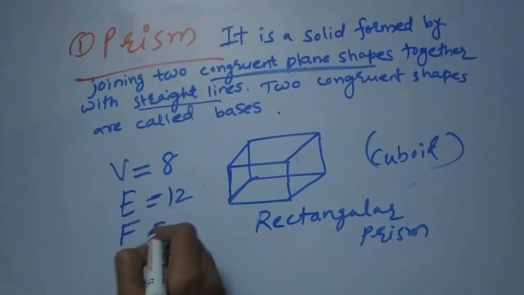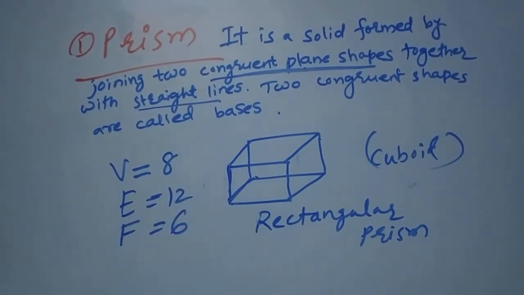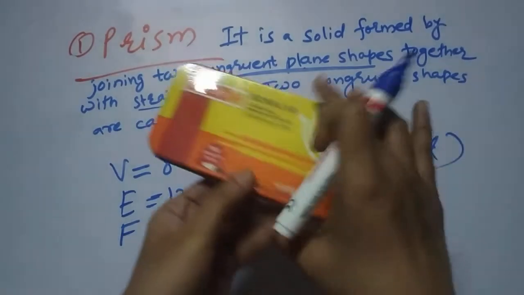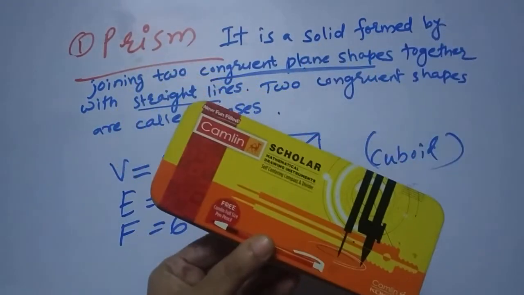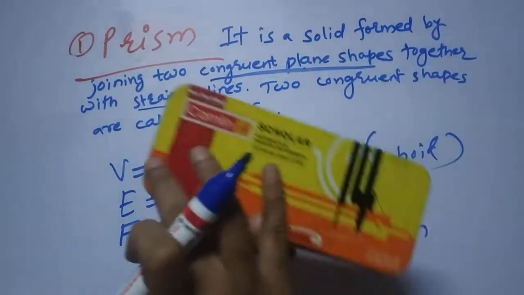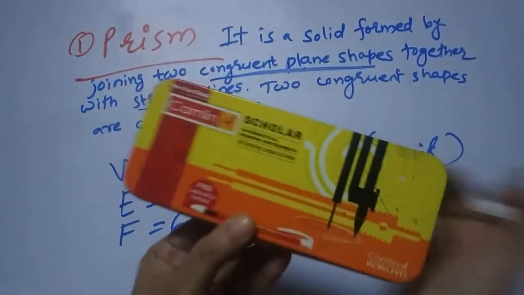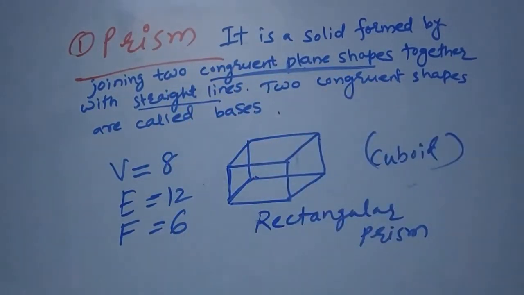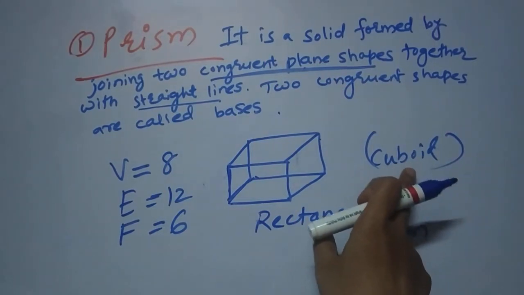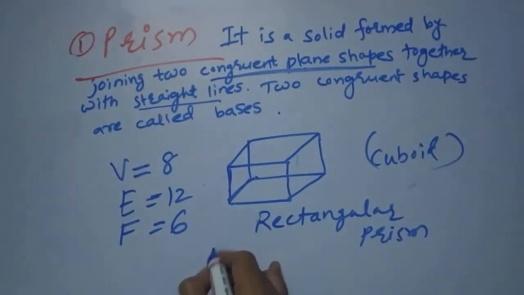And its faces are 6. So this is a rectangular prism, and you can call it a cuboid.